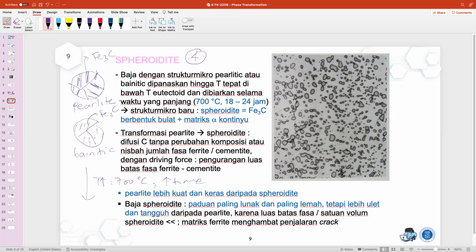Okay, so steel with a pearlitic or bainitic structure, heated to a temperature just below the eutectoid and left for a long time, will have a new microstructure, spheroiditic. All of this cementite will reduce its interface area, akan mengurangi batas fasanya, and become like that.